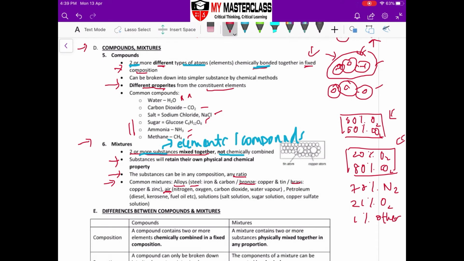Okay, petroleum is also a mixture. So petroleum, this is many years ago when dinosaurs died, right? And then, because of the heat of the earth, there are elements inside the dinosaurs that actually form what we call petroleum. So petroleum is a mixture, and it's made from different parts.